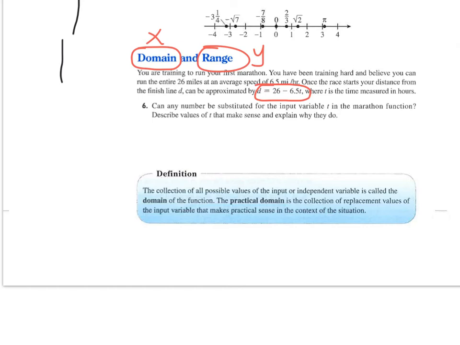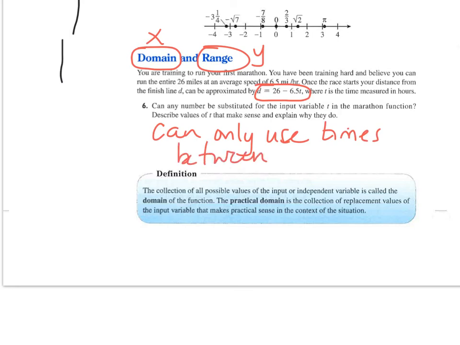But since I know that the 26 is a distance, if I start plugging in things too small, then I get negative distance. If I start plugging in things too big, the same kind of thing. So we can't use negative t's, that wouldn't make sense, we wouldn't have a negative time. So we can only use times between, we'd have to start at 0.